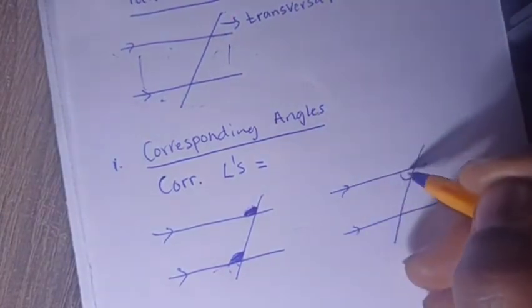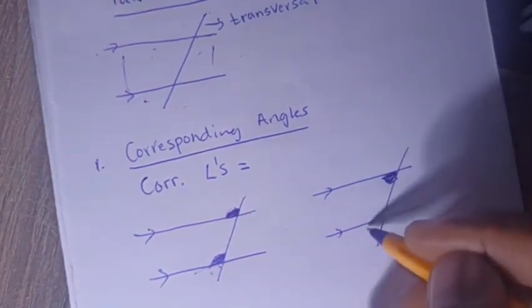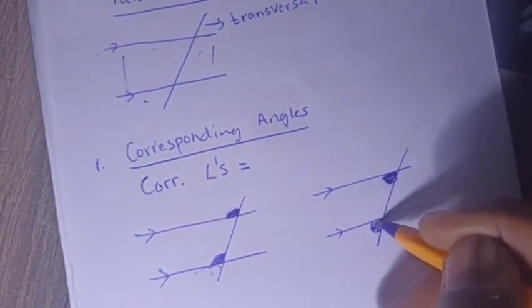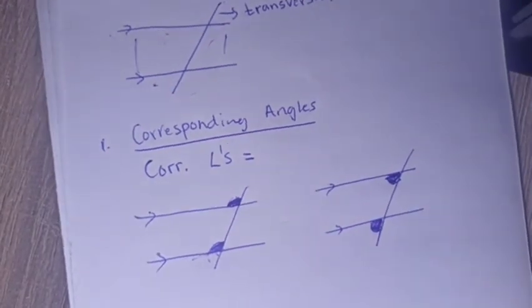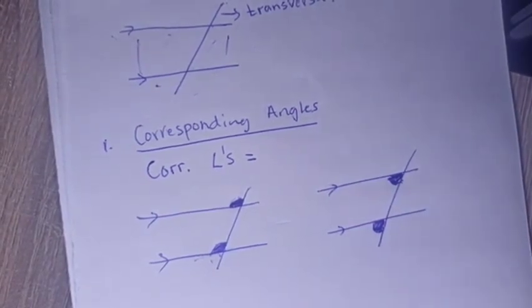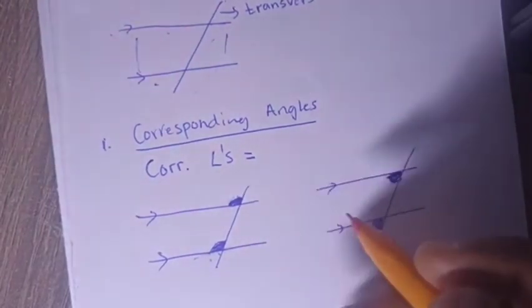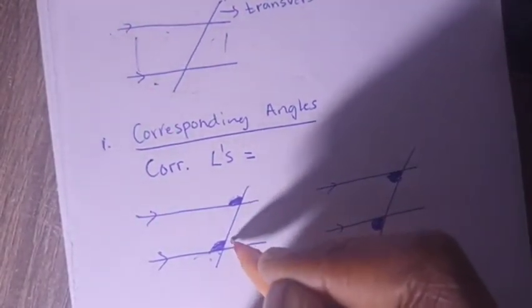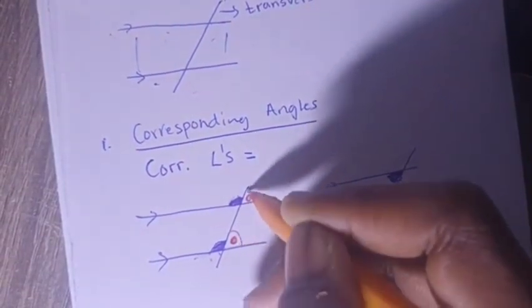As long as you can identify two angles that are exactly in the same position, you have identified a corresponding angle. So those two angles are also equal. These two angles and that angle, they are also the same.